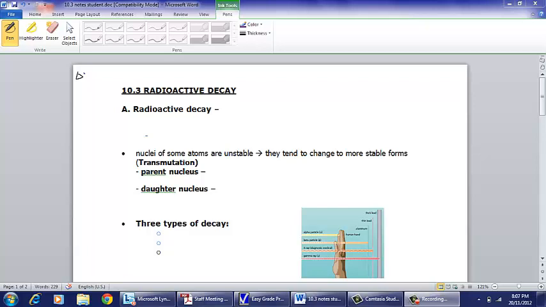Unstable nuclei that emit radiation are undergoing radioactive decay. In this section, we are looking at radioactive decay.